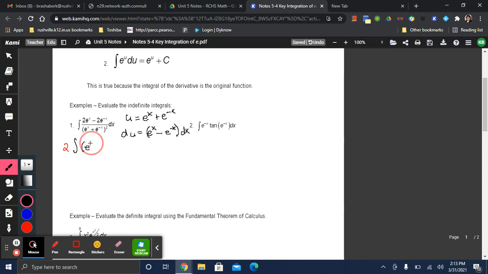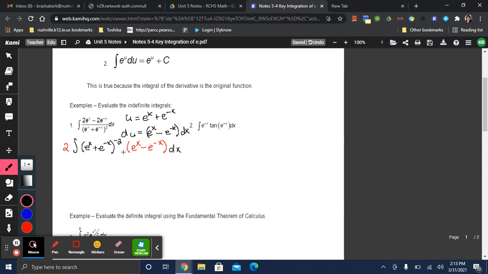So e to the x plus e to the negative x to a -2 power. And then I'll have my numerator with the 2 factored out. So my numerator, which is e to the x minus e to the negative x, and then the dx.